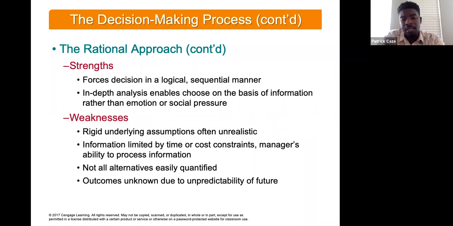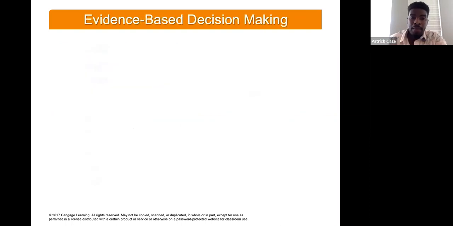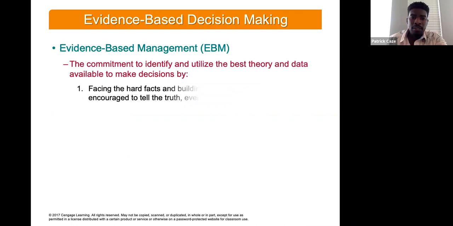And the outcomes are unknown due to the unpredictability of the future. I don't know what the future holds, so it's going to be hard for me to gauge what's going to happen based on that.